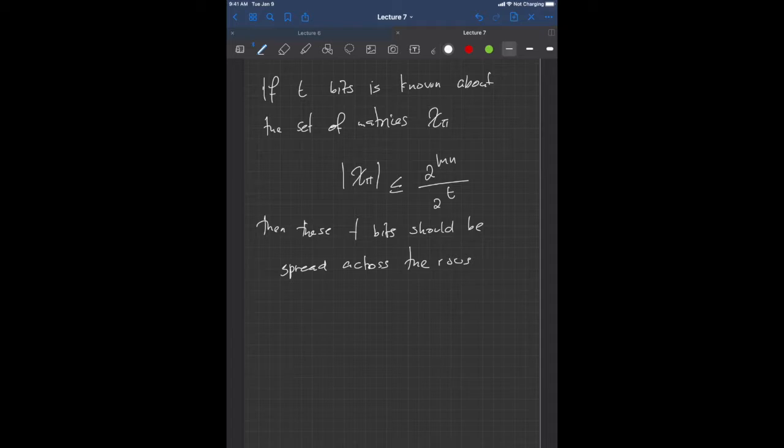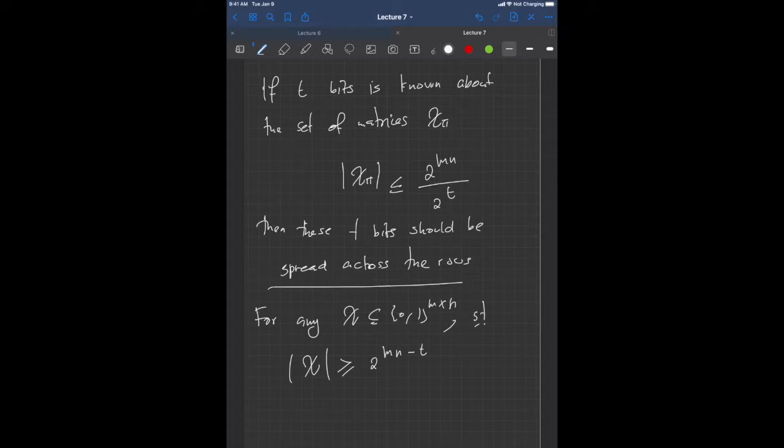Formally, what we are going to say is that for any X which is a subset of m by n matrices such that this condition holds, that the cardinality of X is at least something like 2 to the mn minus t, then there exists a set of rows.